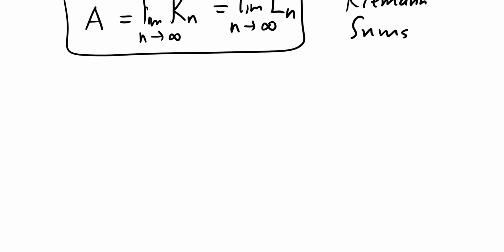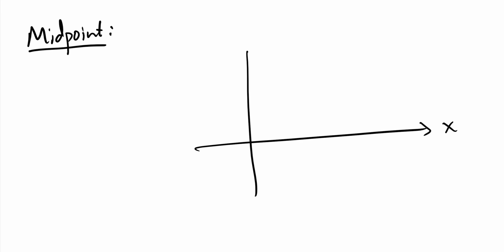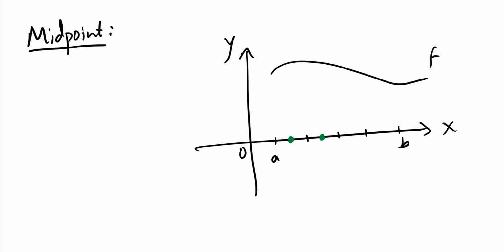What Riemann also did, he used what we call the midpoint. Instead of just starting from the right side or left, he started in the middle. And how did he do that? Well, let's say we have any continuous function f, and we're going from a to b. Let's say I'm going to split it into four subintervals. The way he did it is he chose the midpoint of each subinterval, and he projected this up, projected this up.